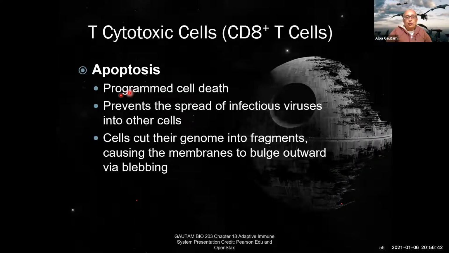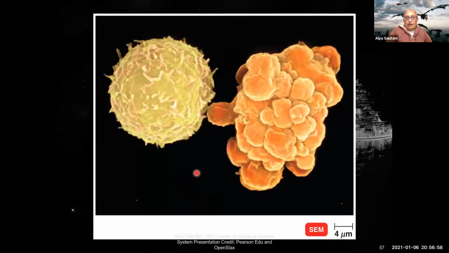So again, apoptosis programs cell death and prevents the spread of this infectious agent, such as a virus or bacteria and its toxin. You go through this programmed cell death where the cell just implodes. So here's a cell going through apoptosis. It starts imploding.